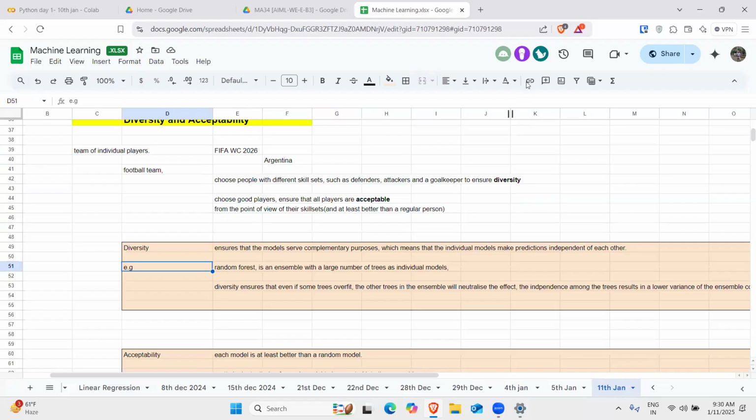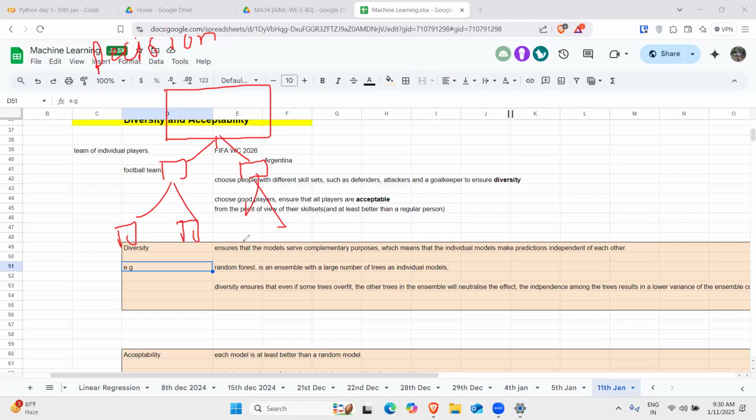Independent of each other means, suppose in a decision tree, as we have discussed, we are creating only one decision tree. Suppose this is your decision tree. We are creating this one, this one, this one, and this only will be the final prediction.